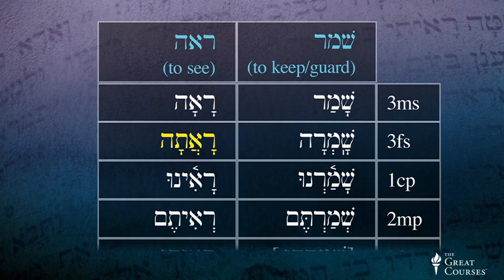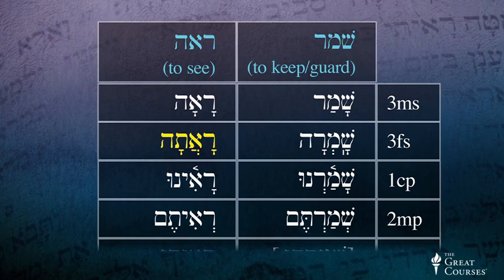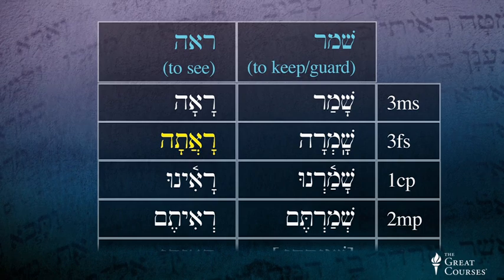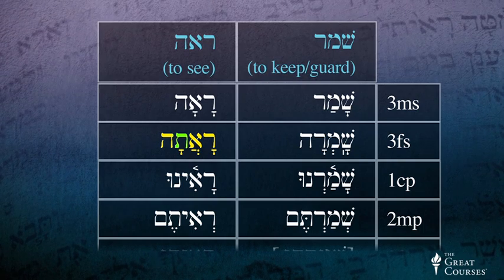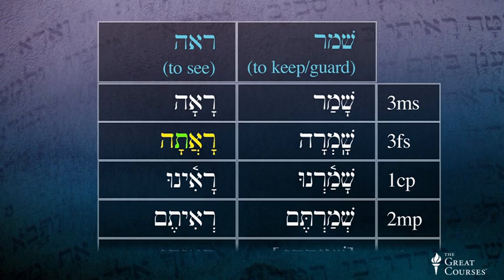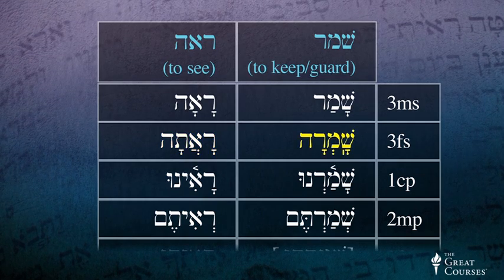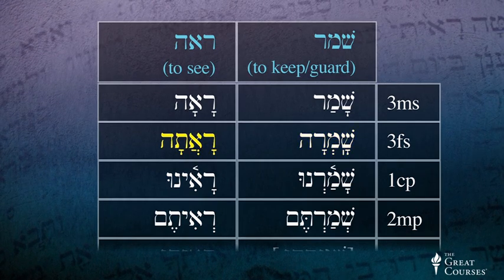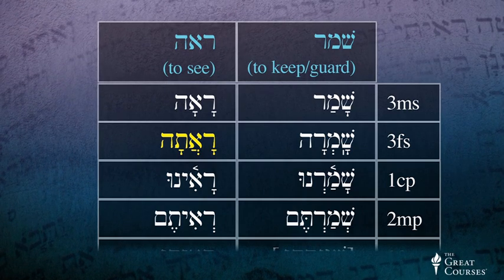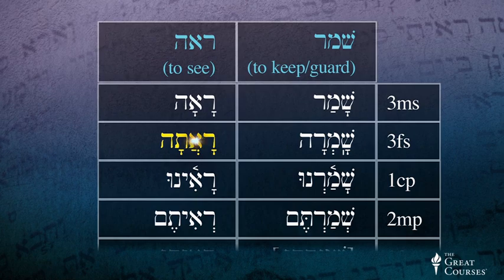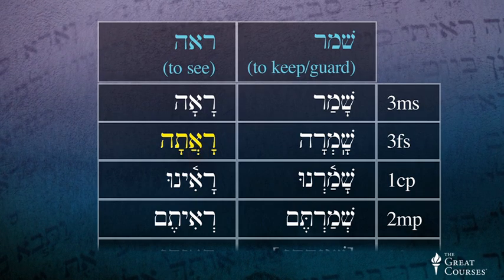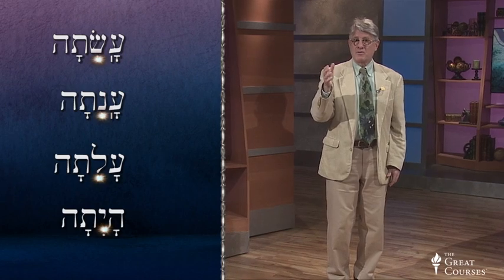So the third feminine singular perfect of these lamed he verbs feminizes it by putting a feminine taf, a T sound, before the ah ending. Ra'ata. Shamra, she kept. Ra'ata, she saw. Notice that in ra'ah, our second consonant is a guttural aleph, so it's not a simple shva, but a compound shva. In other roots, it's a regular simple shva, of course.